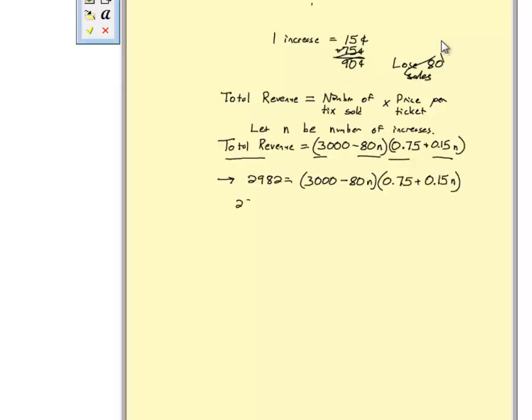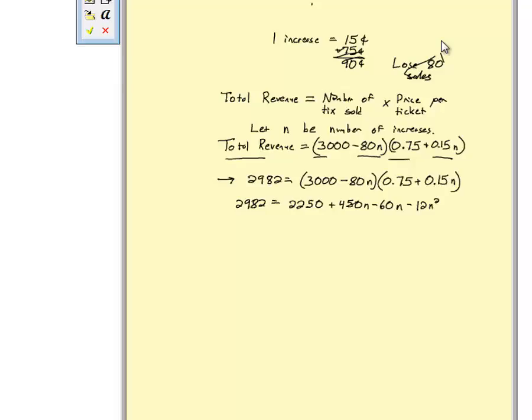Let's FOIL out or multiply out the right side of this equation. 3,000 times 0.75 is 2,250. 3,000 times 0.15 is 450N. Negative 80N times 0.75 is negative 60N. And 0.15N times negative 80N is negative 12N squared.